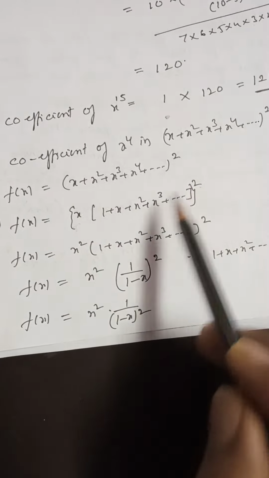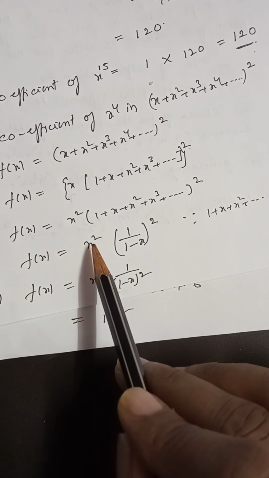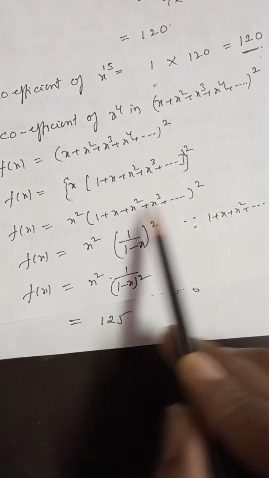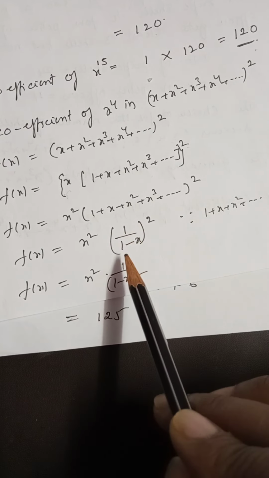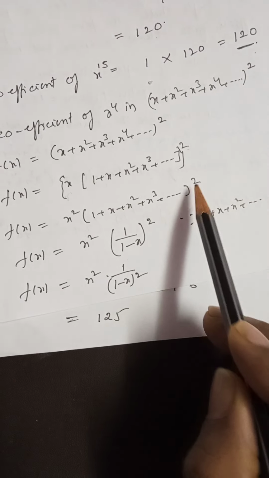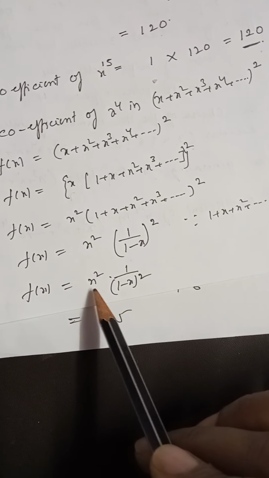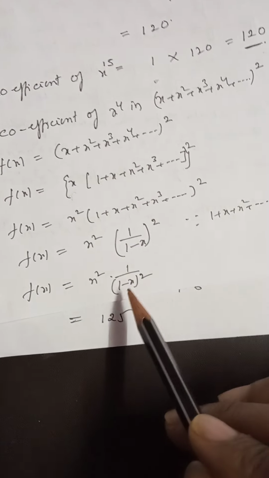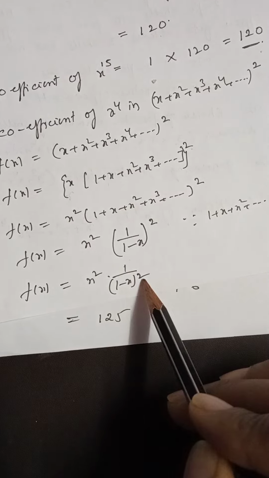Now x square into this expression square, f of x is equal to x square into this can be written as 1 by (1 minus x) whole power 2, right? Therefore x square into 1 by (1 minus x) whole square, right?